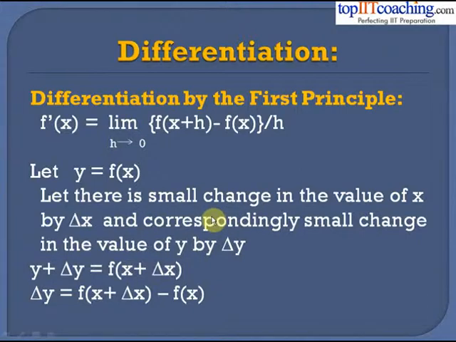Let it be delta y. So we see that y plus delta y would be equal to f of x plus delta x. From this we get delta y equal to f of x plus delta x minus f of x. So we can say that delta y is equal to the change in the value of the function when the independent variable changes from x to x plus delta x.